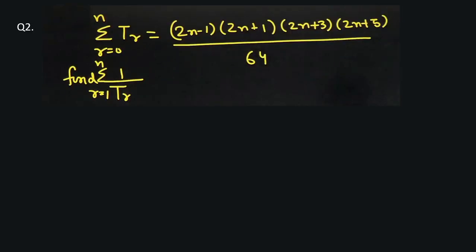Next question is, summation r equal to 0 to n tr is given. Find summation 1 by tr. So now we need to solve this and find the value of tr. Here r is equal to 0 and here r is equal to 1.